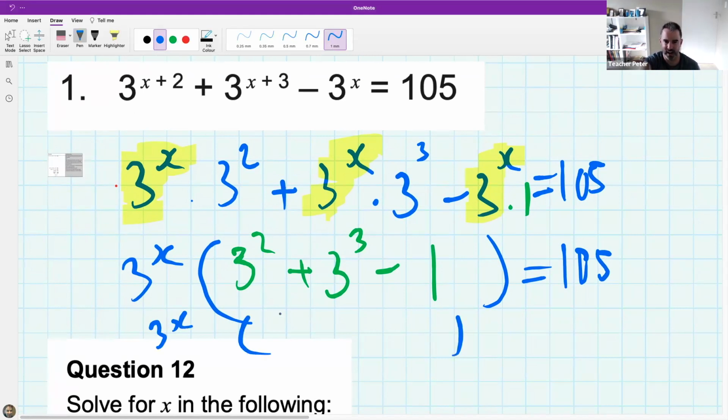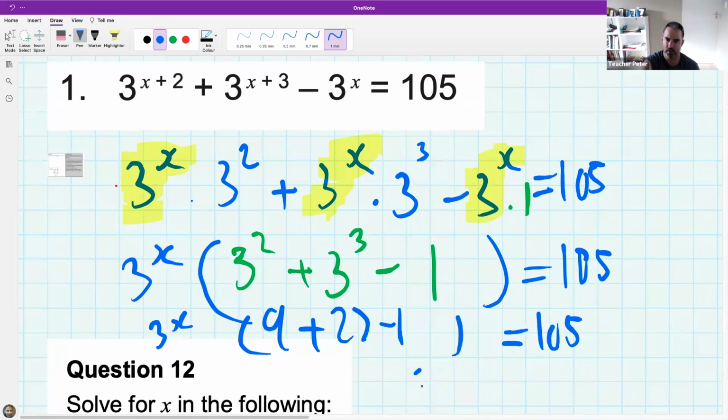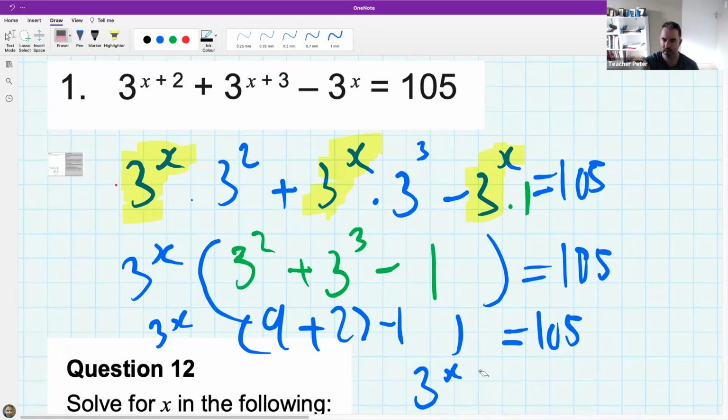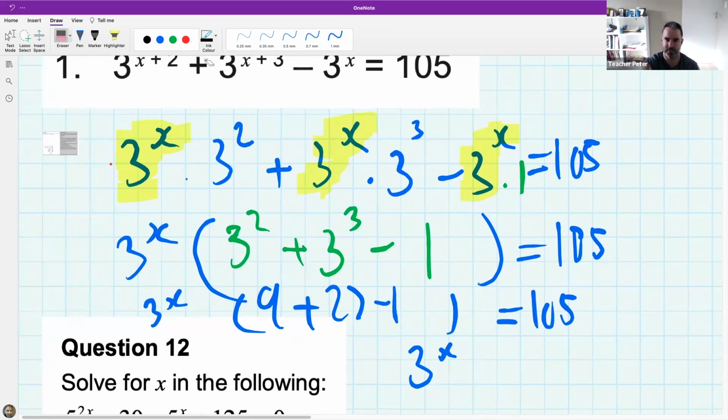I suppose 9 plus 27 minus 1. And then what are we going to get? So that would be 35, I think, because 36 is 9 plus 27. So yeah, it's going to be times 35.